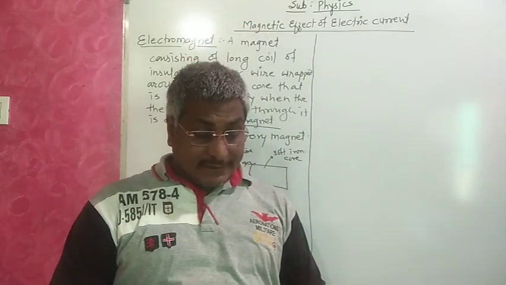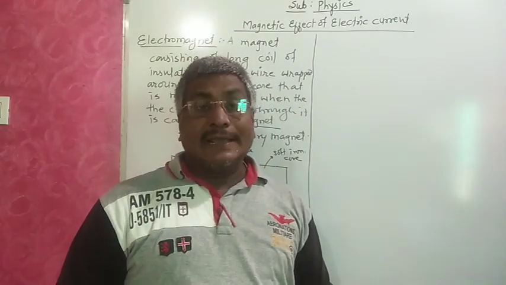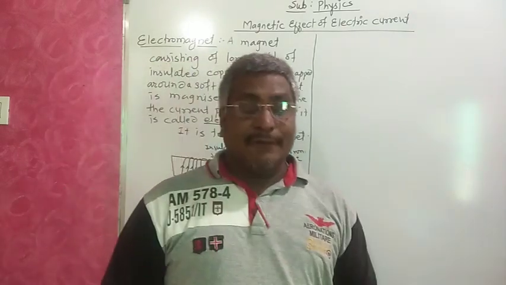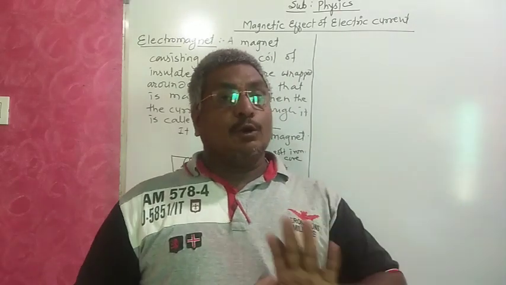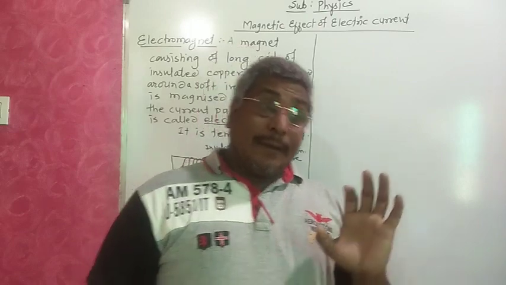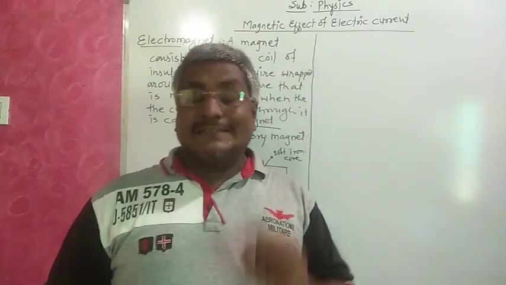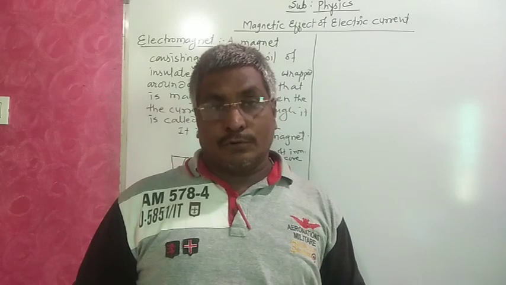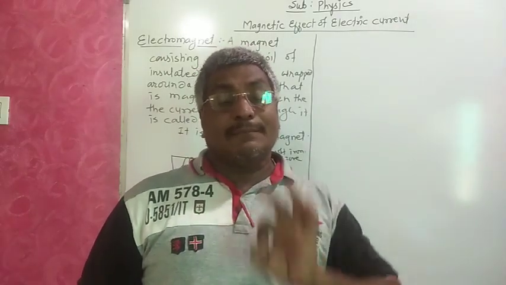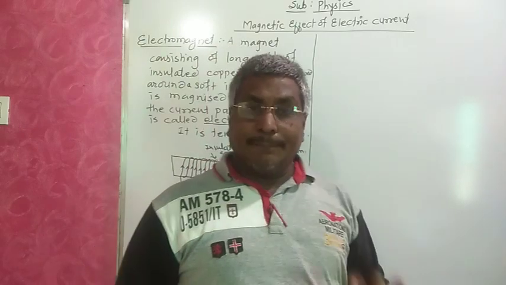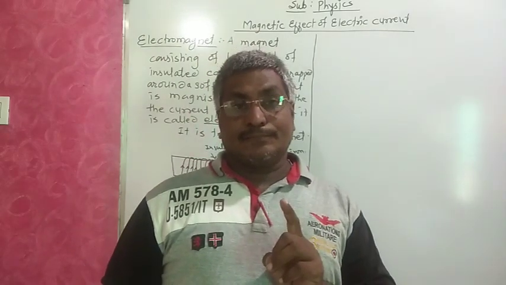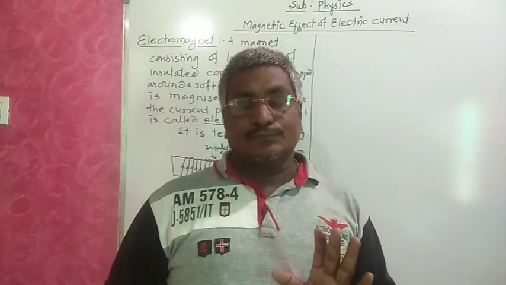The reason is that soft iron core is easily magnetized, and when we stop the current, it loses the magnetism easily. But if we use steel in place of soft iron core, steel will not lose the magnetism easily. So in place of soft iron core, we cannot use steel in an electromagnet.